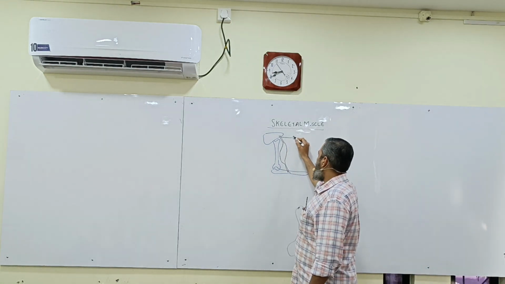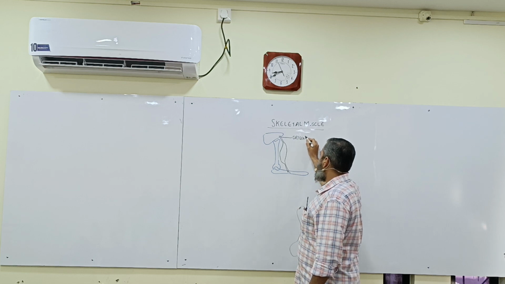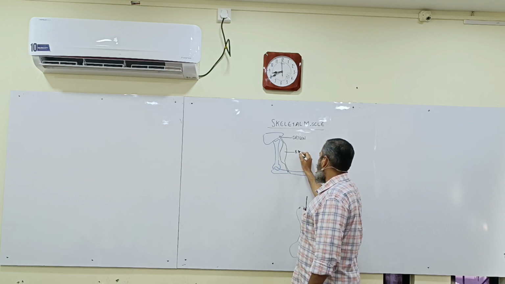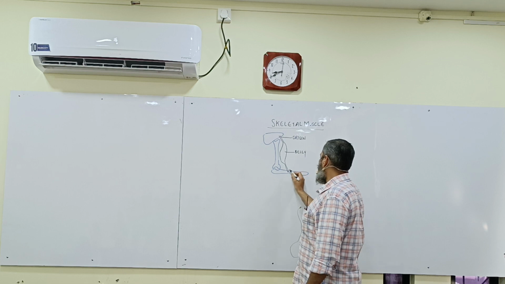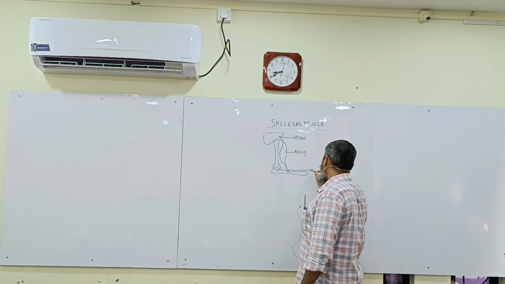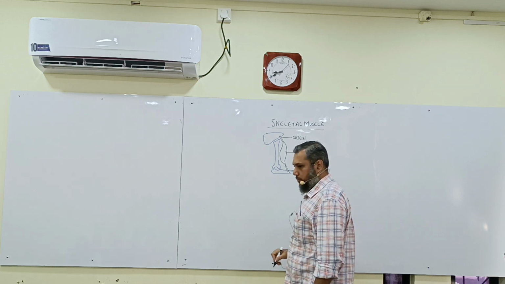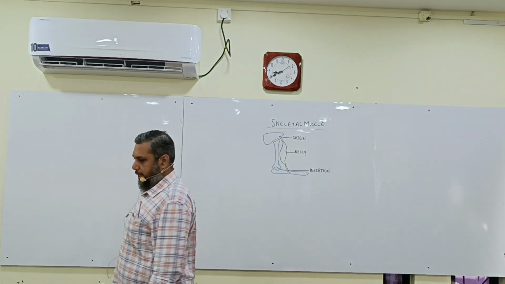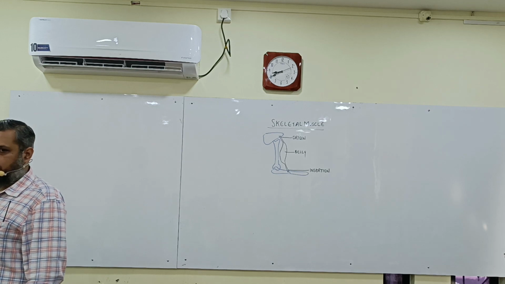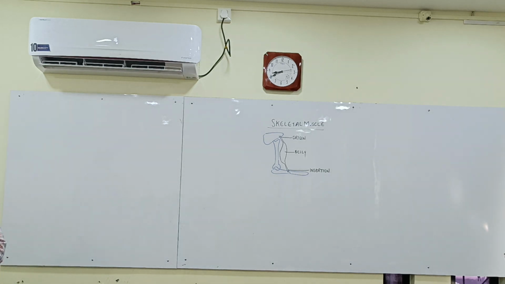That is the origin of the muscle, the belly of the muscle, and the insertion. So every typical skeletal muscle shows the presence of origin, belly, and insertion.